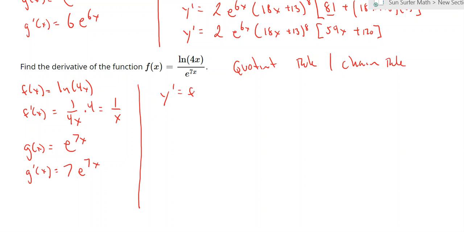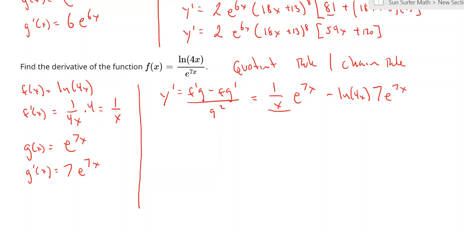Y prime is f prime g minus f g prime over g squared, which is going to be f prime is 1 over x times g, which is e to the 7x, minus f, which is the log of 4x, times g prime, which is 7e to the 7x, all over g squared.